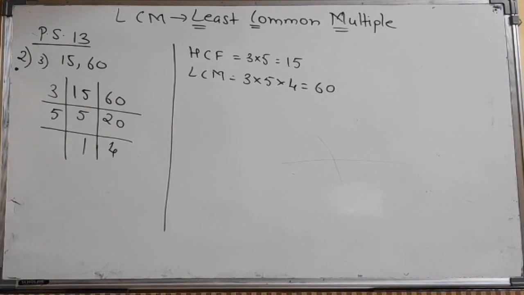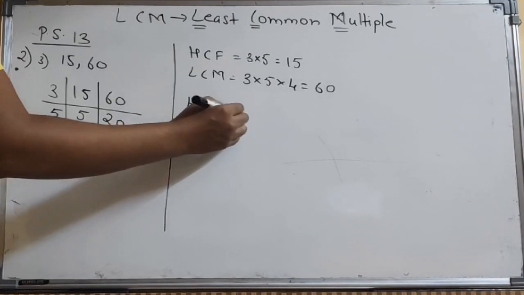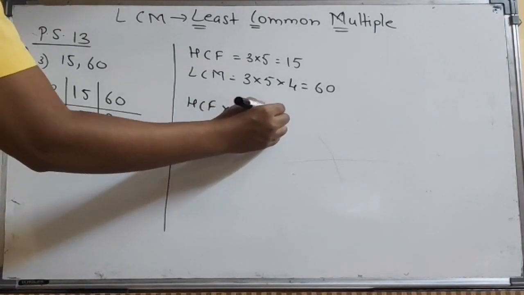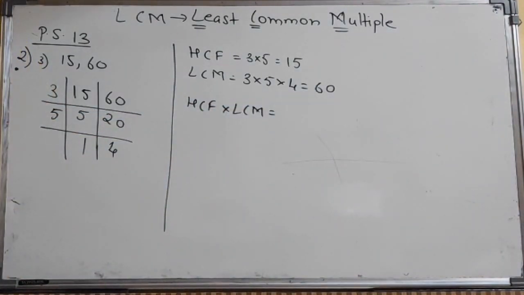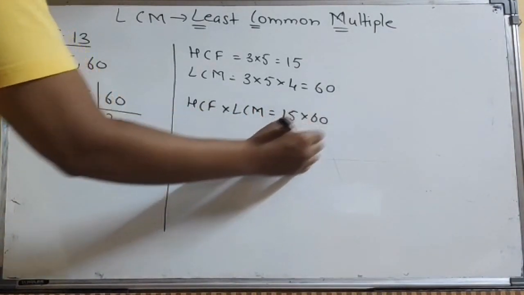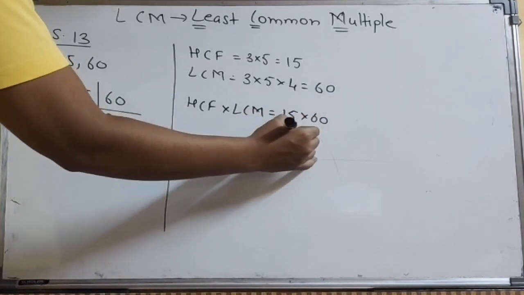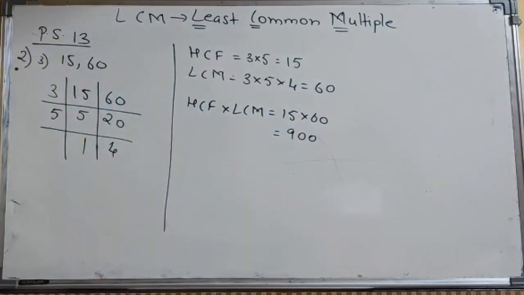Next, we are going to find the product of HCF and LCM. So 15 multiplied by 60, that is equal to 900.